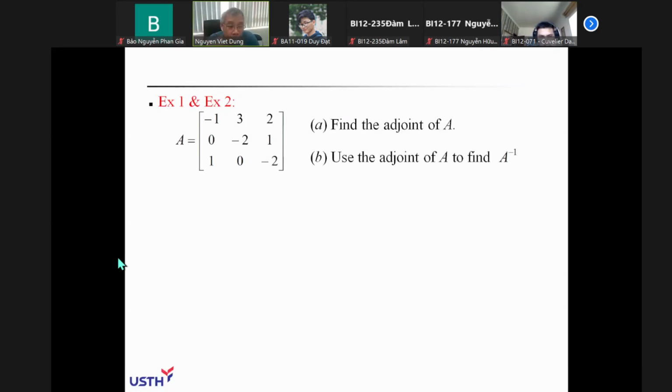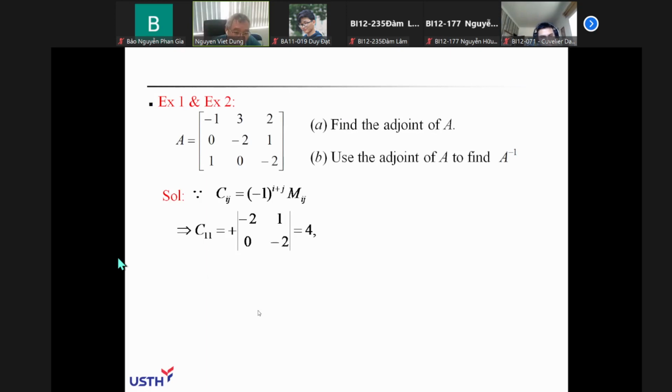Just a little bigger. If you are given A to be a 3 by 3 matrix like that, the first exercise requires you to find the adjoint of A and then use that to find A inverse. So how to do it? The first one, I repeat for you. It is here. That is the formula to find the cofactor. Now apply it.